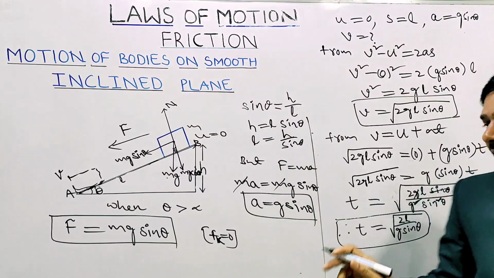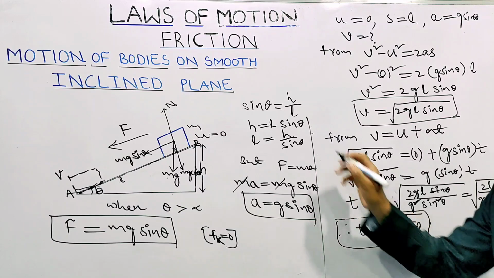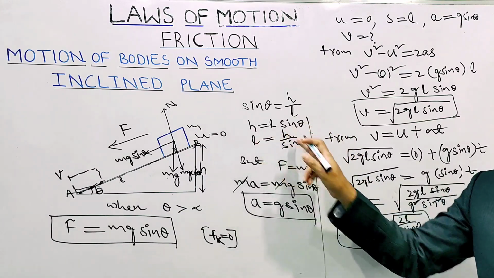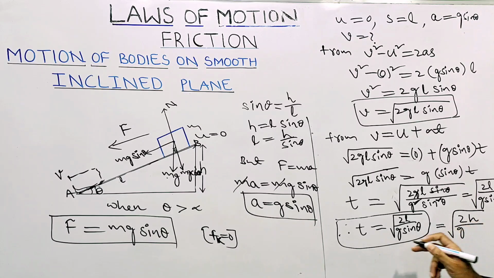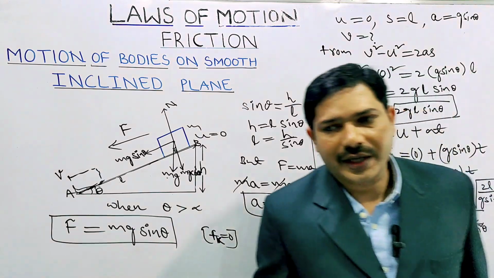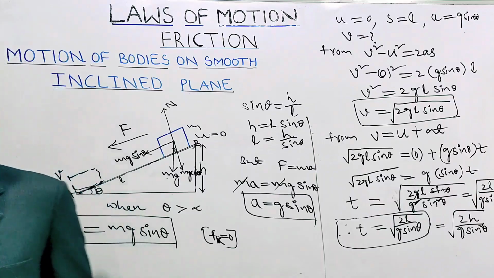Substituting, the time is under root 2h by g sin square theta. This is the time to reach the bottom on a smooth inclined plane.